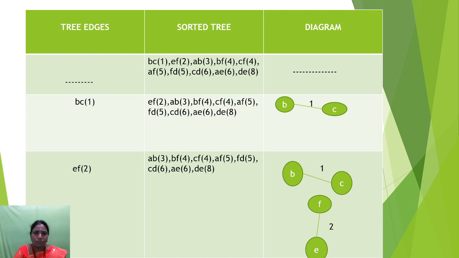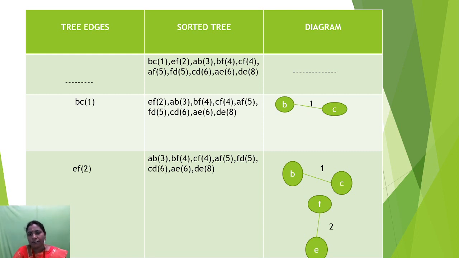The rest of the elements in the sorted tree have no changes. You just keep all the elements in the second column. So I just choose BC, the minimum weightage value, and keep it in the second row of the tree edges.